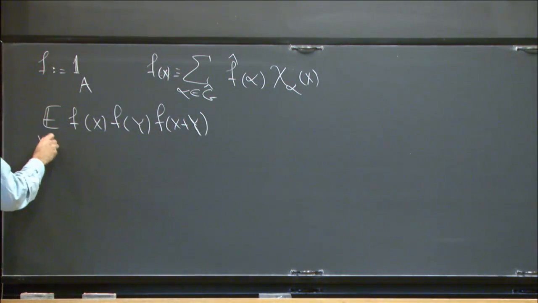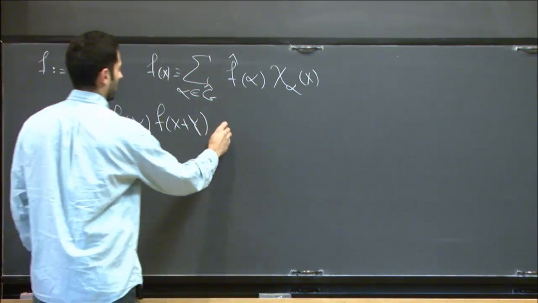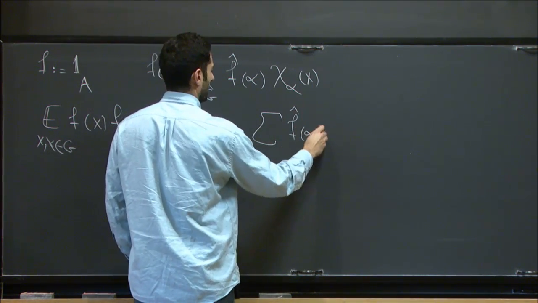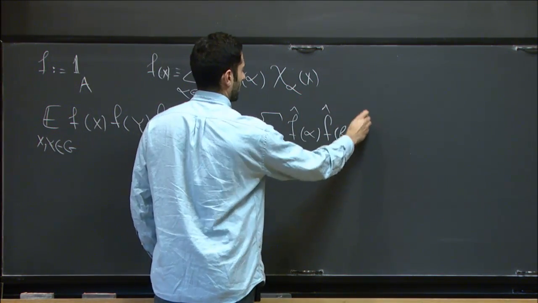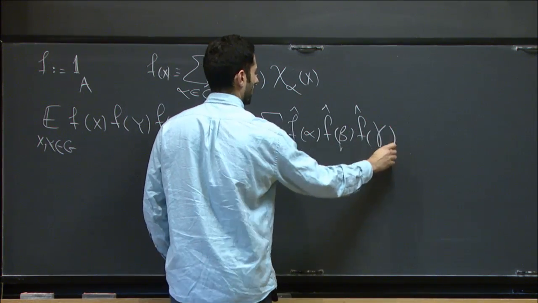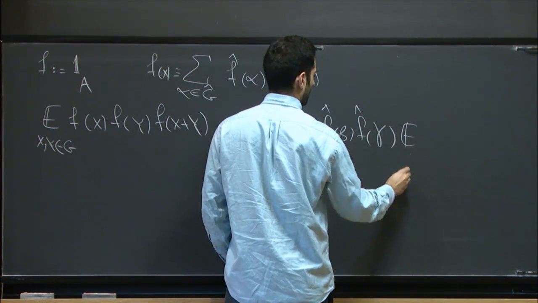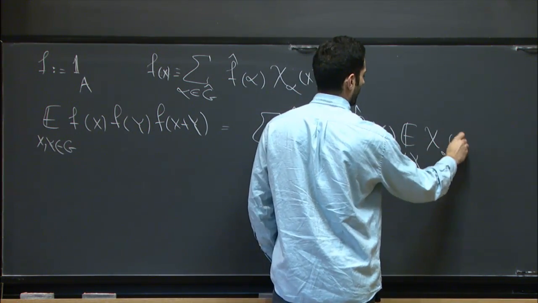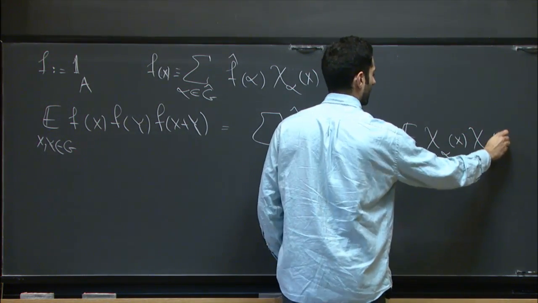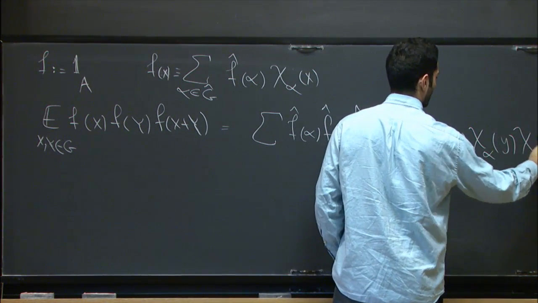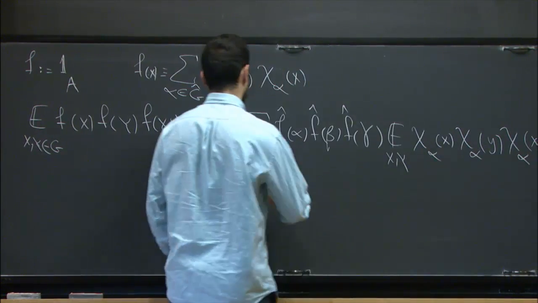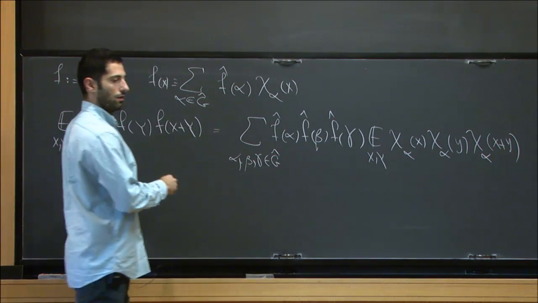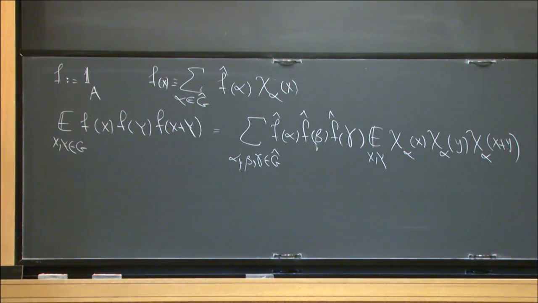The density of triangles is equal to the sum of f hat of alpha, f hat of beta, f hat of gamma, times the expected value over x and y of chi alpha of x, chi beta of y, and chi gamma of x plus y. The sum is over the dual group.